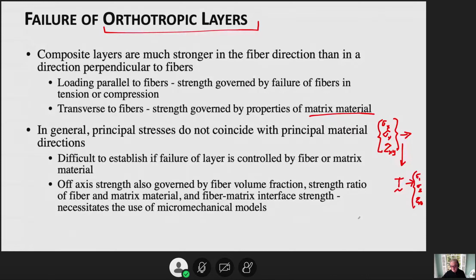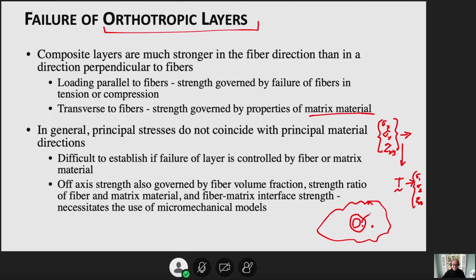What I'm saying in another sense is this is a fiber, with some matrix around it. It is possible that there is a region around this fiber where the properties of the matrix are different than the properties of the matrix here. So this is called an interface region between the fiber and the matrix.